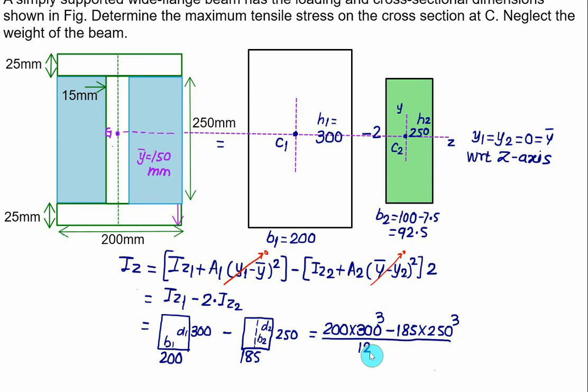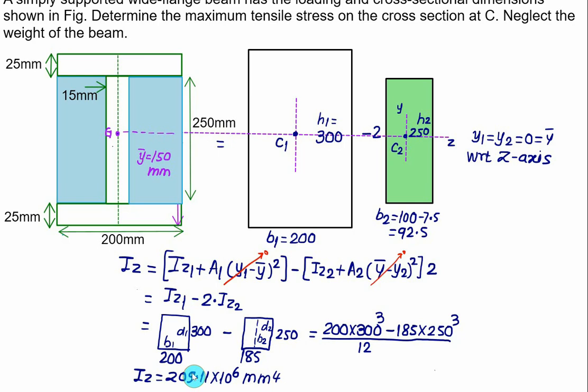So from this you will get the value of Iz for the I section. This answer comes out to be 209.11 into 10 to the power 6 mm to the power 4.